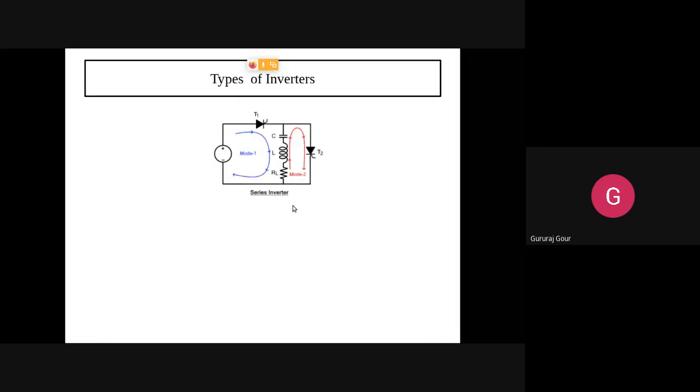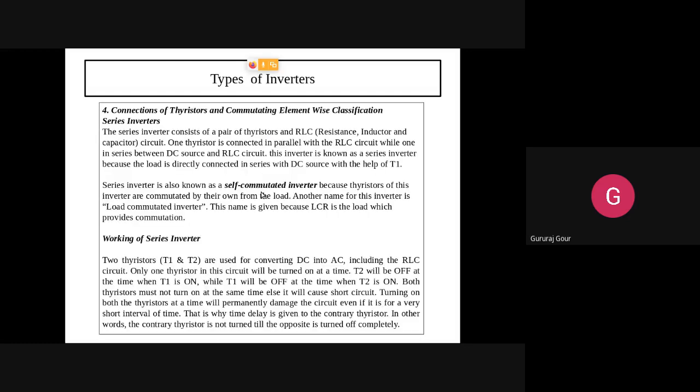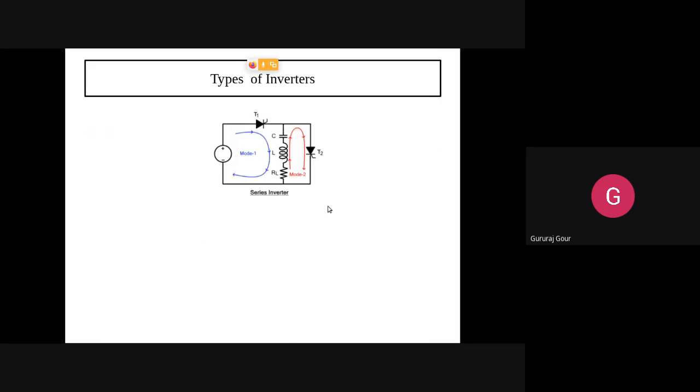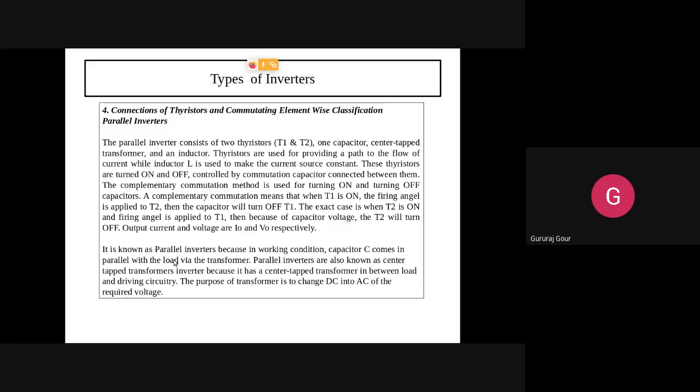It is called a series inverter because of how the two thyristors T1 and T2 are connected and how the passive and active elements RLC are connected in series with the source along with T1. Because the load is connected in series with the supply, it is also known as a load commutated inverter. This load is going to decide the turning off of your T1.